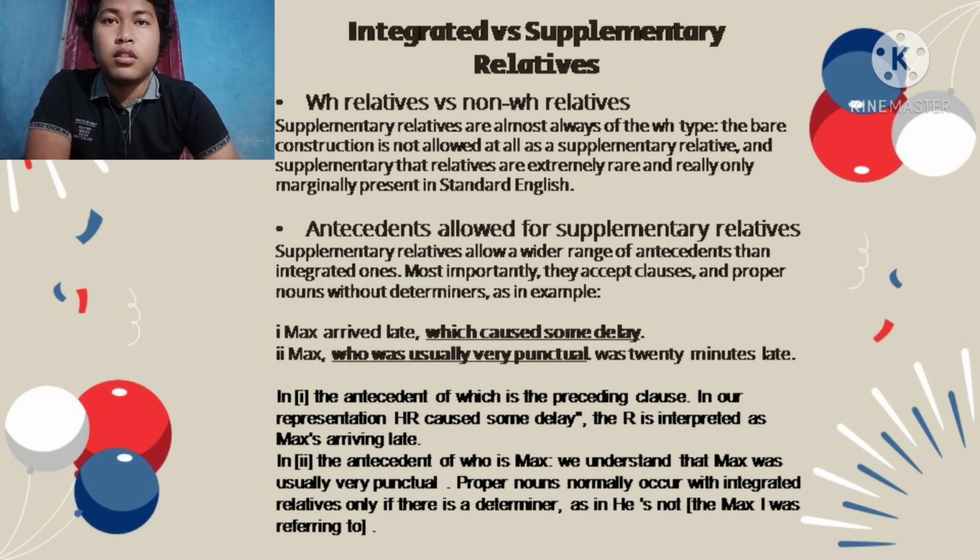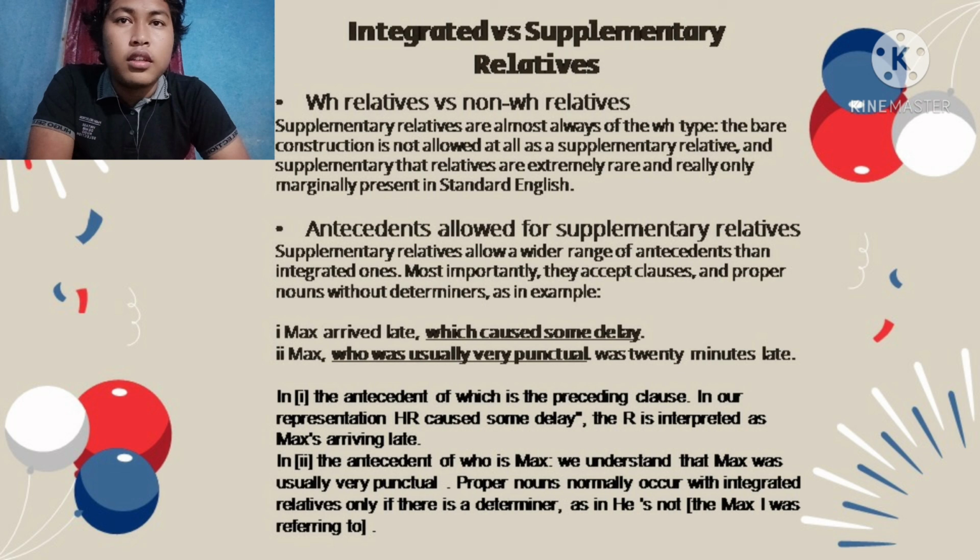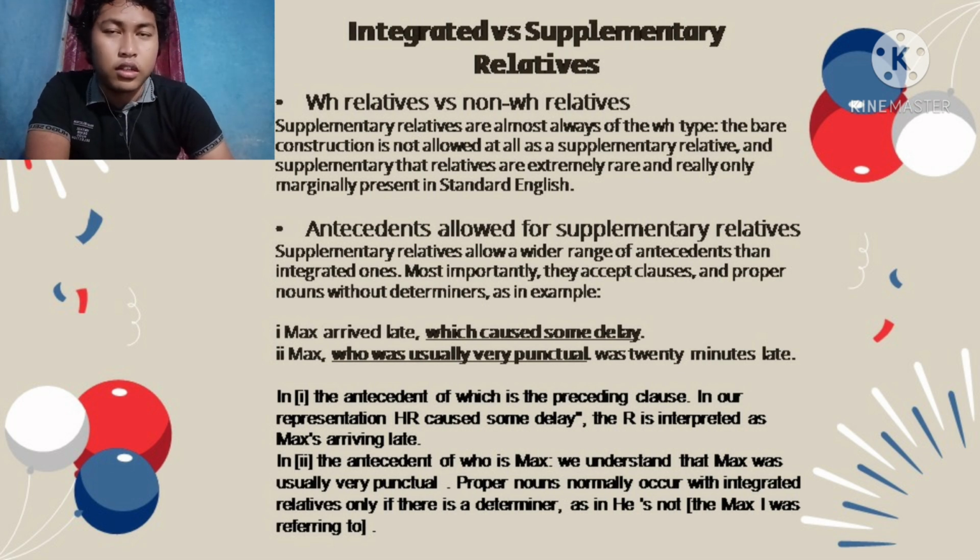The first is who relative versus non-who relative. Supplementary relatives are almost always the who type. The bare construction is not allowed at all as a supplementary relative, and supplementary that relatives are extremely rare and really only marginally present in standard English.